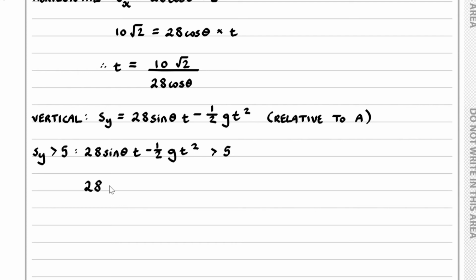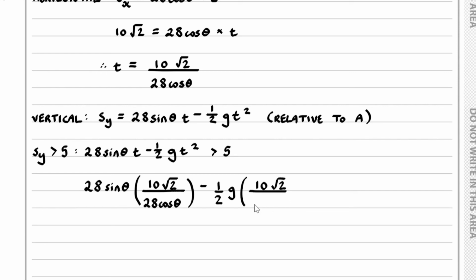So we have 28 sine theta multiplied by 10 root 2 divided by 28 cos theta, and then we subtract 1/2 g multiplied by 10 root 2 over 28 cos theta squared.